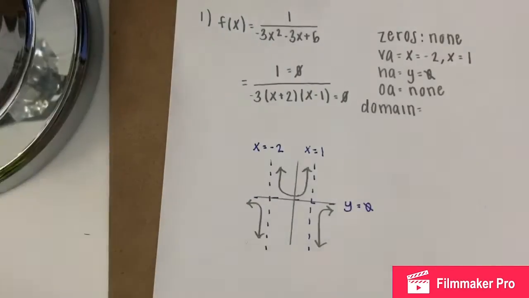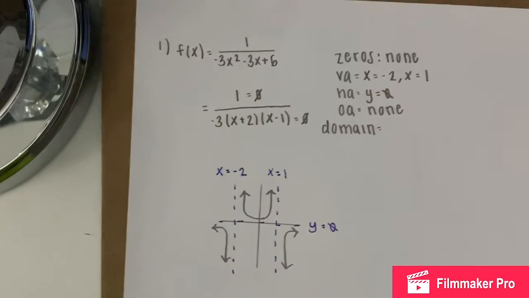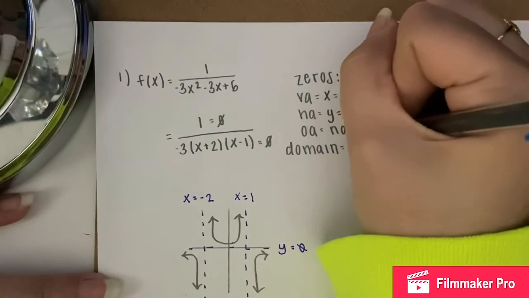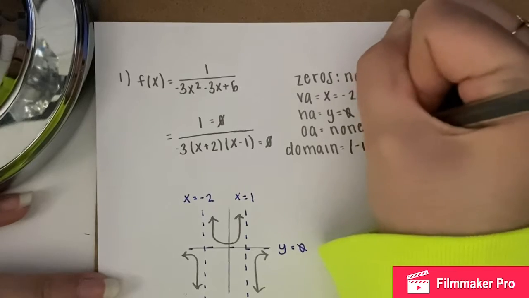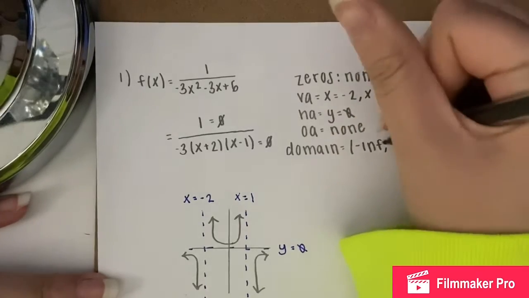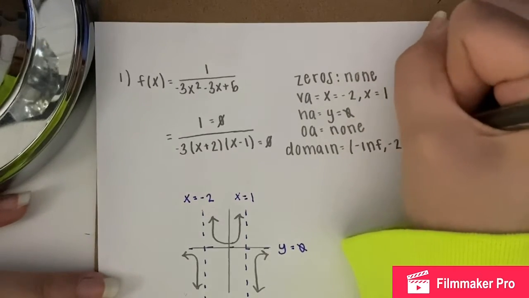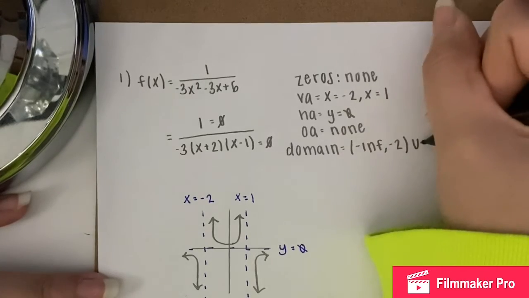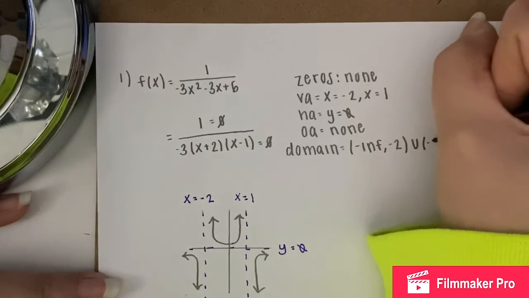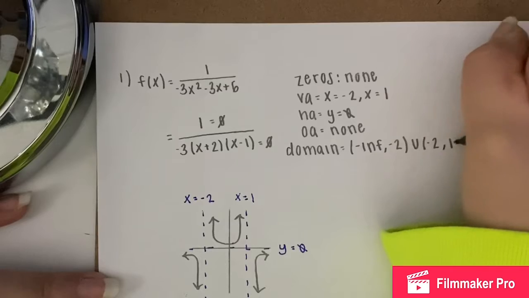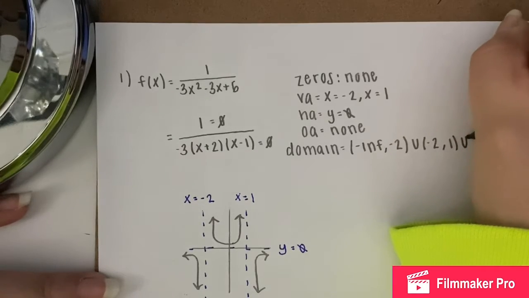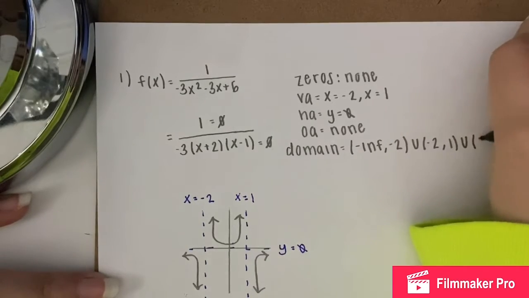That's somewhat similar. So now we just need to find the domain, and we can see that the domain goes from negative infinity to negative 2, and then picks back up again at negative 2 to 1, ends, and then it starts again at 1 to infinity.